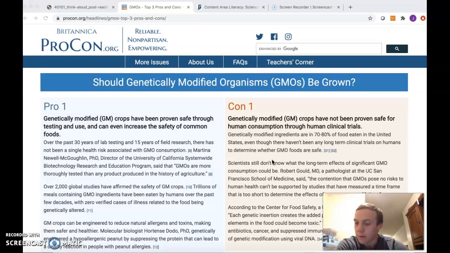So this text lets us dive into the controversy of the issue, and it also helps us to see different sides of the argument here.